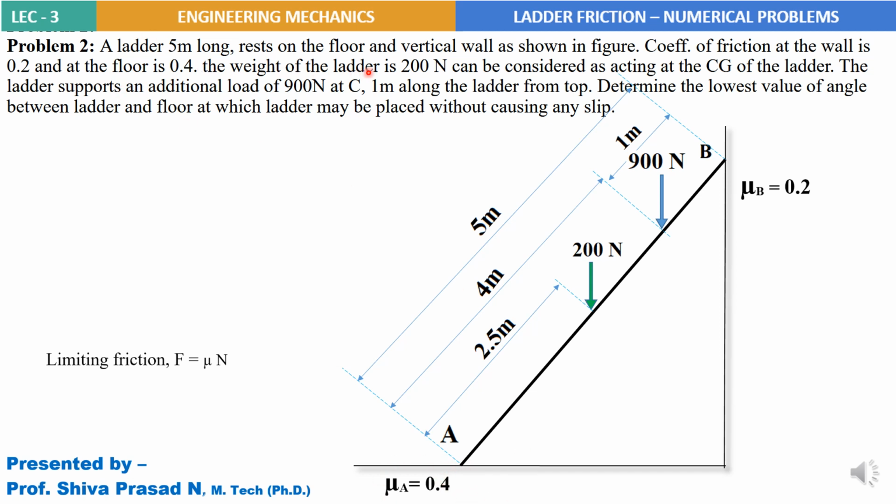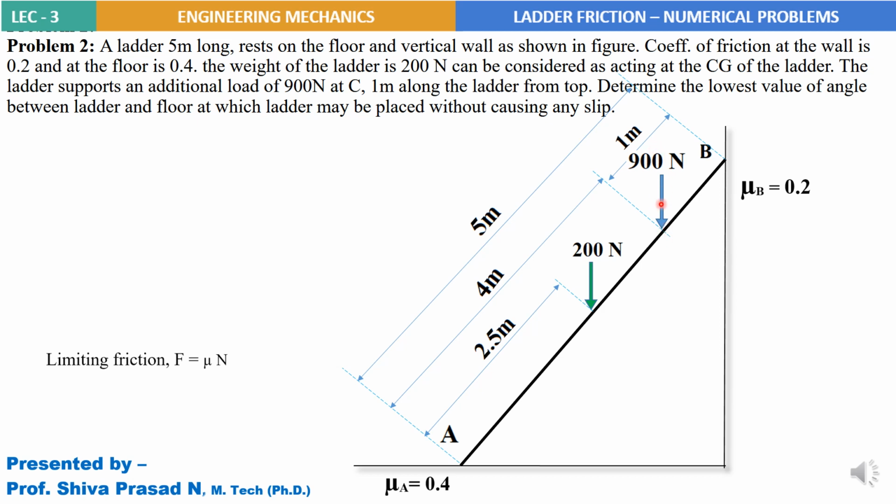The weight of the ladder is 200 Newton, can be considered as acting at the center of gravity of the ladder. So exactly at the center of this AB length, 200 Newton force, that is the self weight of the ladder, is assumed to be acting. The ladder supports an additional load of 900 Newton at C. So this is called point C in the problem.